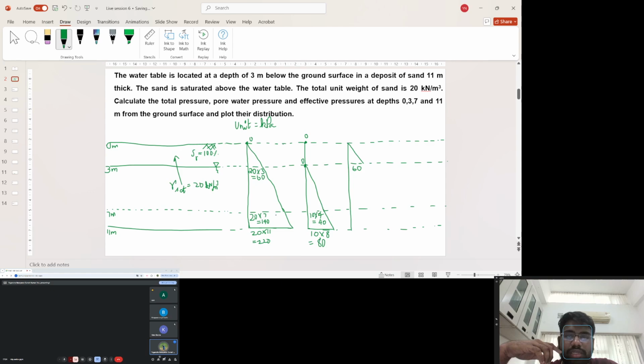At this point, that is at 7 meters, 140 minus 40 will give you 100. And here, 220 minus 80 will give you 140.